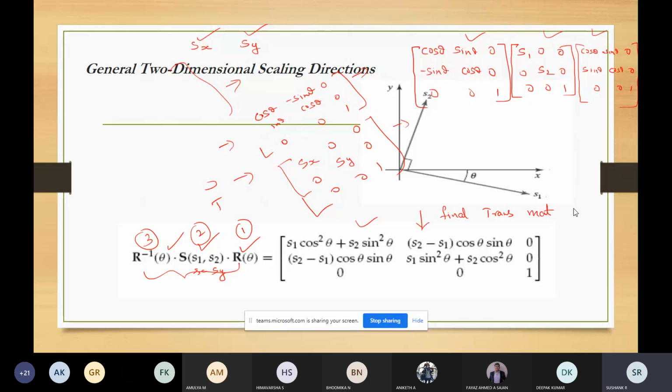So this is the general two-dimensional scaling direction. You just look into this for a minute. After that, we'll derive this.